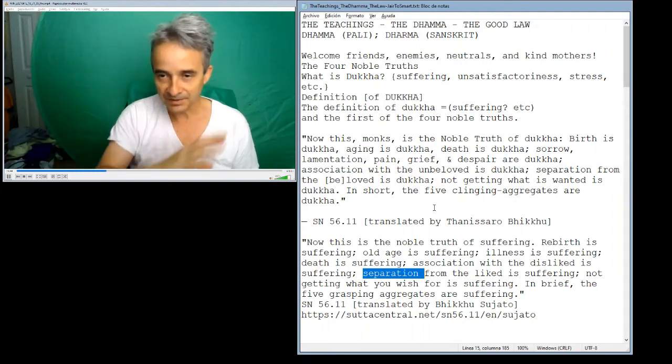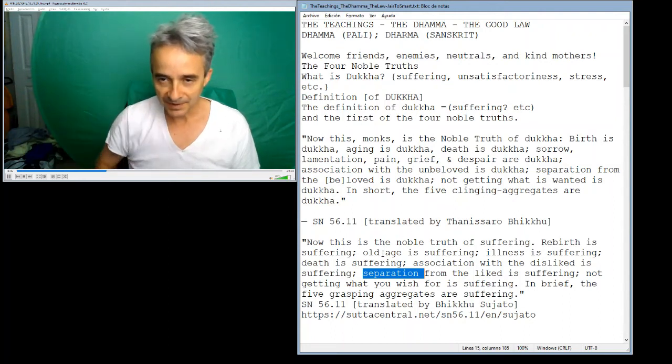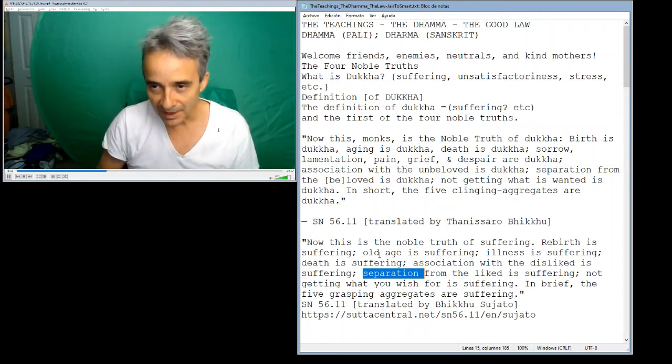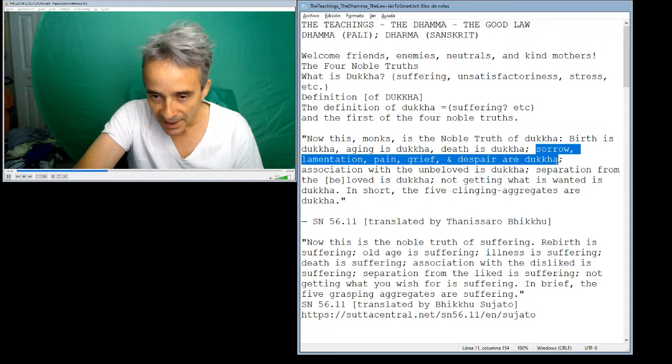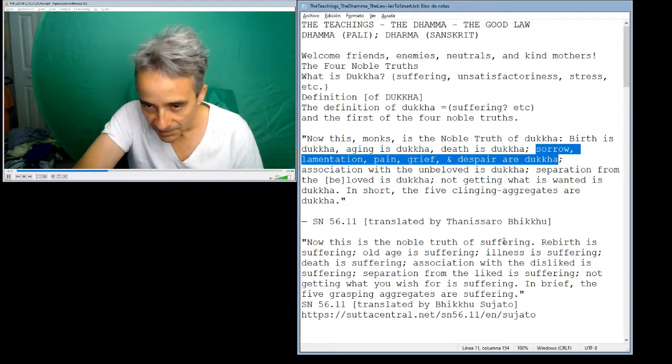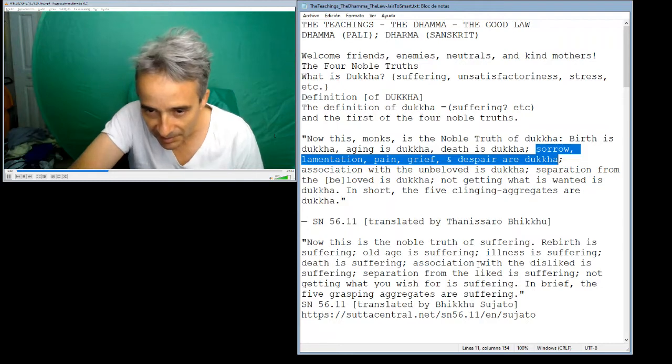So this set of things are suffering. Those are sorrow, lamentation, pain, grief, and despair. Those words are not in the second version. The second translation by Bhikkhu Sujato, they're not mentioned. I don't see sorrow, lamentation, pain, grief, and despair.